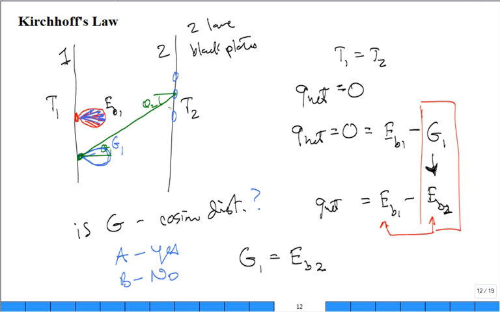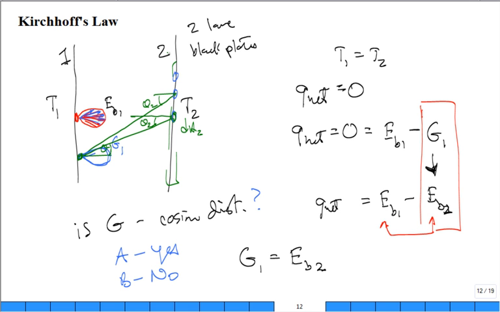If this little chunk of dA2 sends photons, it's going to come off at theta 2 and be incident at theta 2, the same angle. And so everywhere along here it's cosine distributed emission.